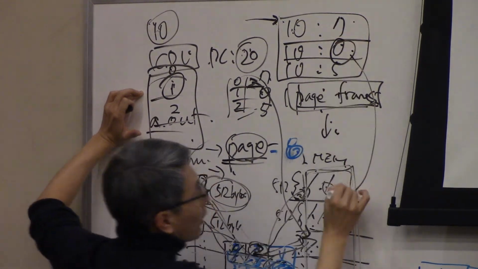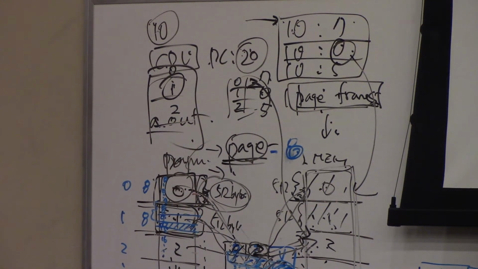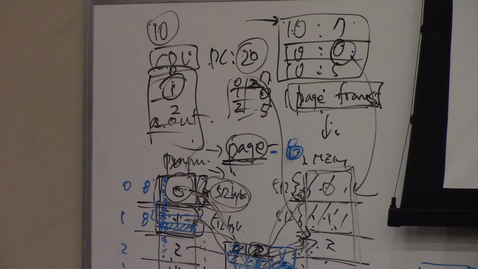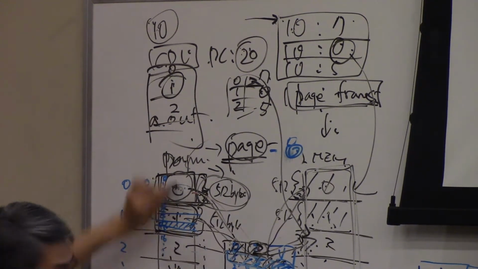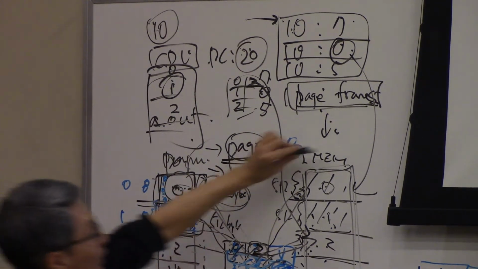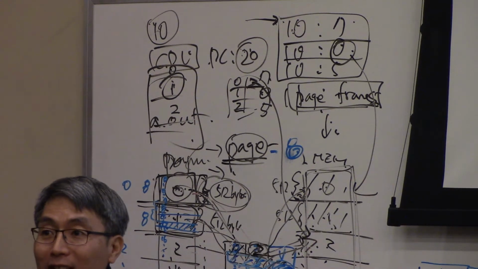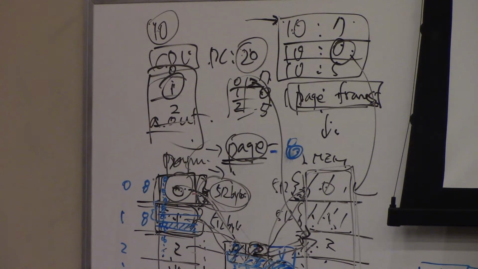So 0 will be returned. So it is organized by what? It's not ordered by the page number under your program. Instead, it is ordered by page frame. That's the reason it's called the inverted page table.